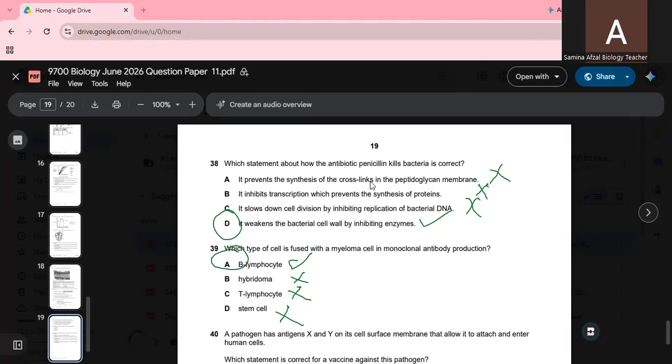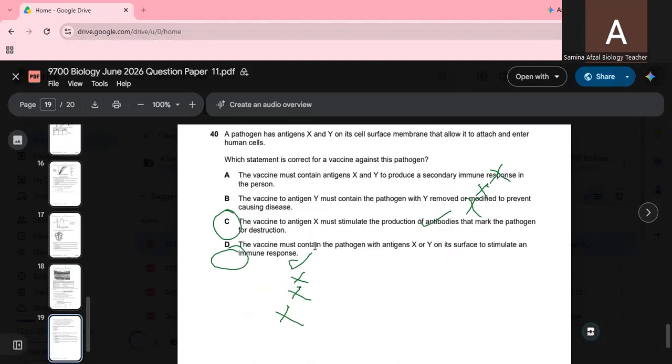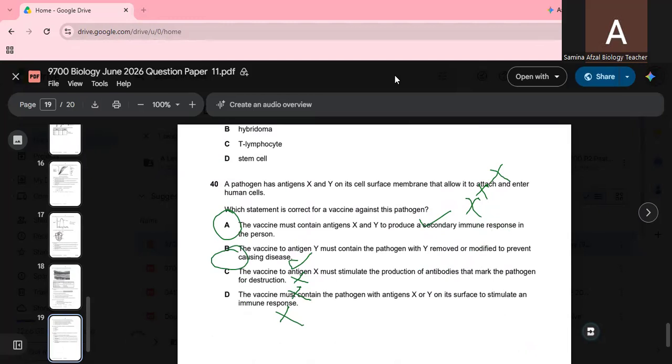Now next question, question number 40. A pathogen has antigens X and Y on its cell surface membrane that attach to a human cell.